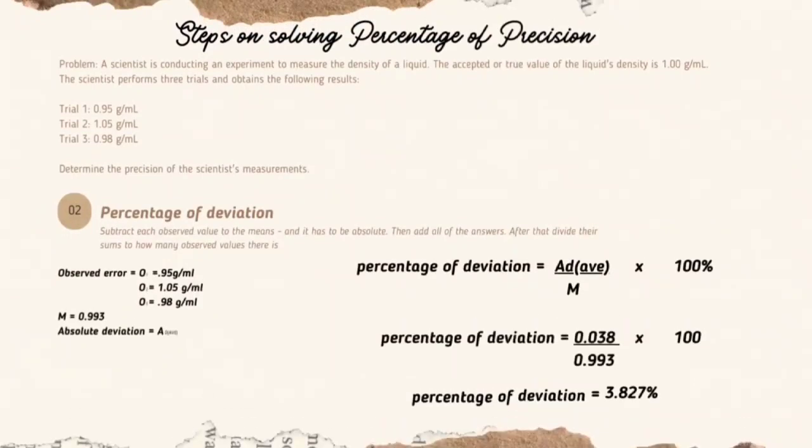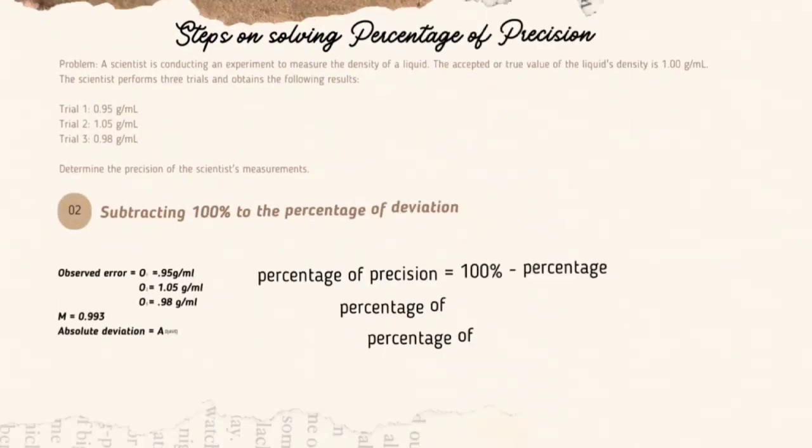Next, after getting the absolute deviation, we have to get its percentage.